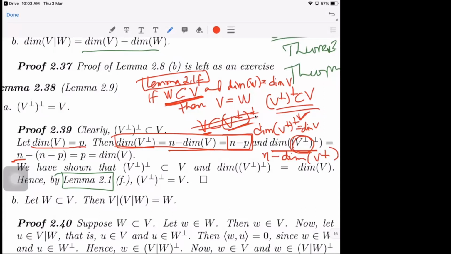But the dimension of V perp is n minus p. So n minus n minus p is p, which is the dimension of V.